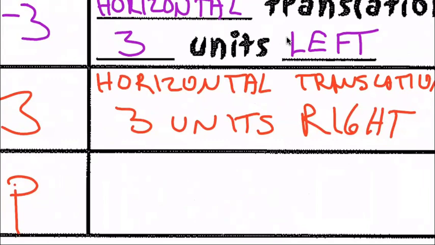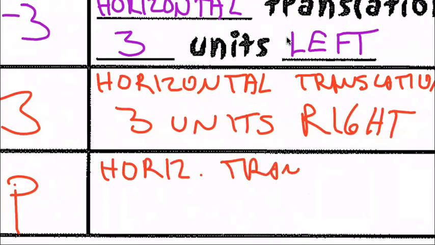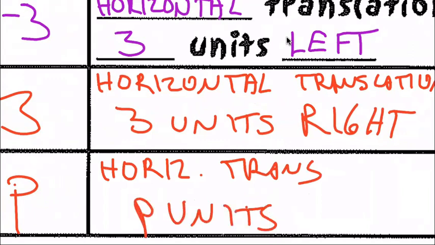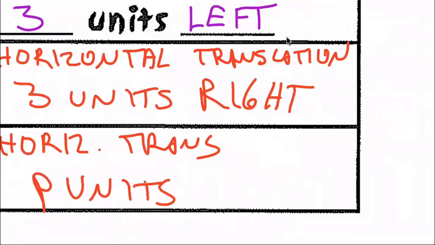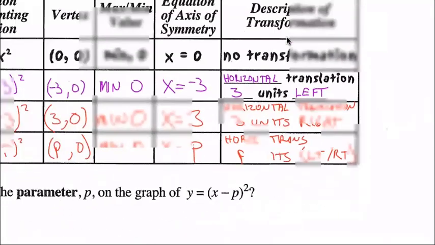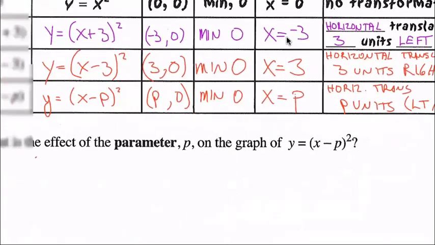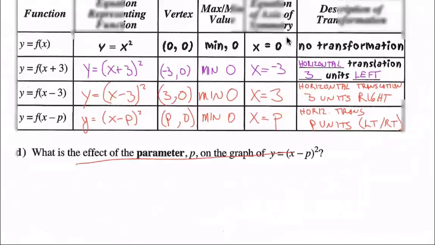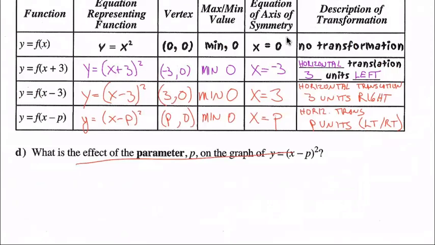And we would have a horizontal translation, p units, left or right, depending on the value of p. Which is what I just said right here, right? You're going to get a horizontal translation of some kind of p units.